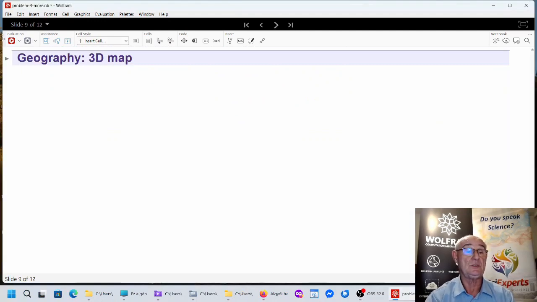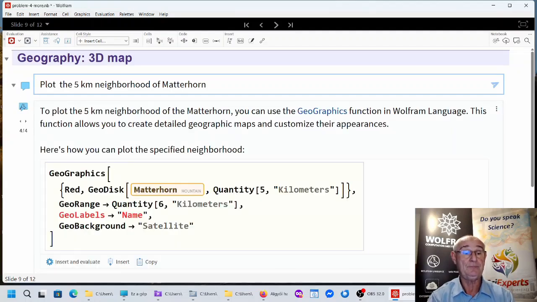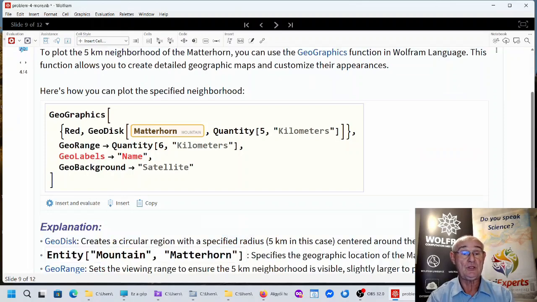The next example is in geography. I would like to see a three-dimensional map. Actually, I would like to see how the neighborhood of the Matterhorn looks like in a three-dimensional picture. Of course, the Notebook Assistant says that it can draw the picture. Run it.